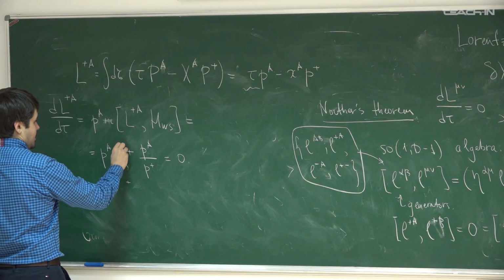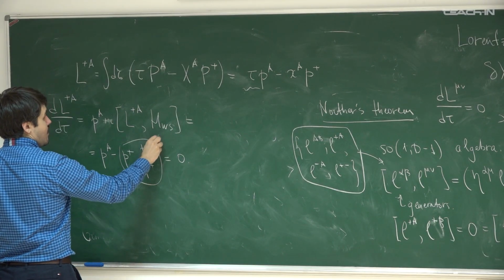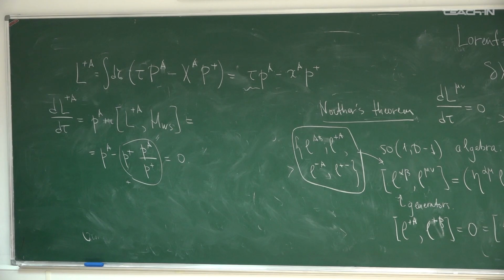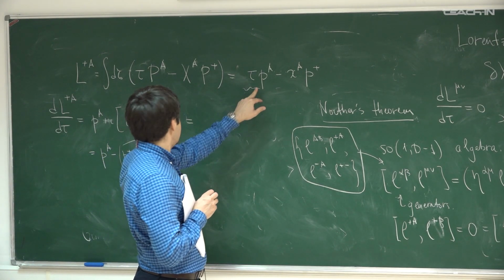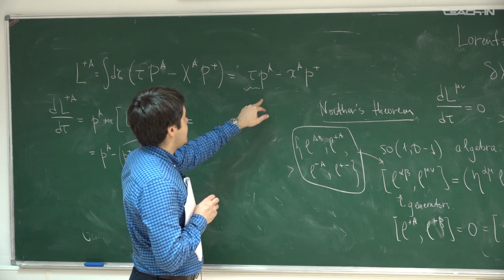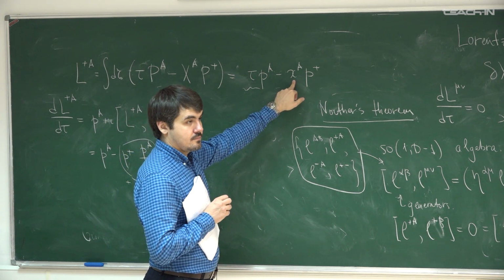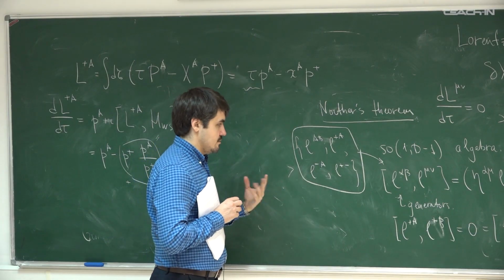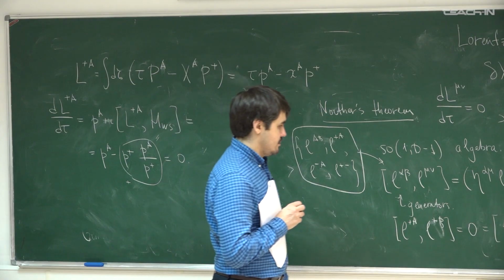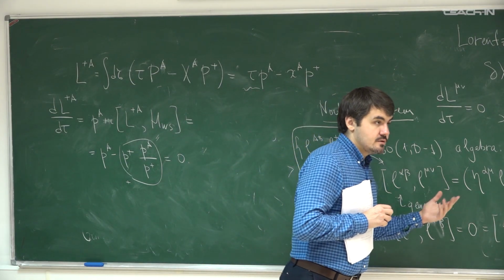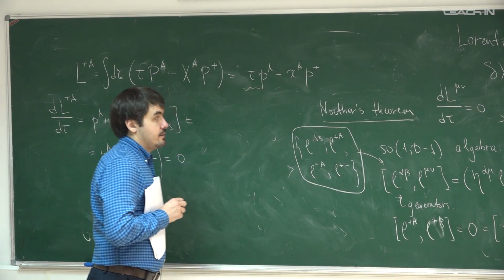I mean, this you get by explicitly commuting with the Hamiltonian. So the only thing here that does not commute with the Hamiltonian is this x here, right? The Hamiltonian is, well, pa squared plus m squared, right?